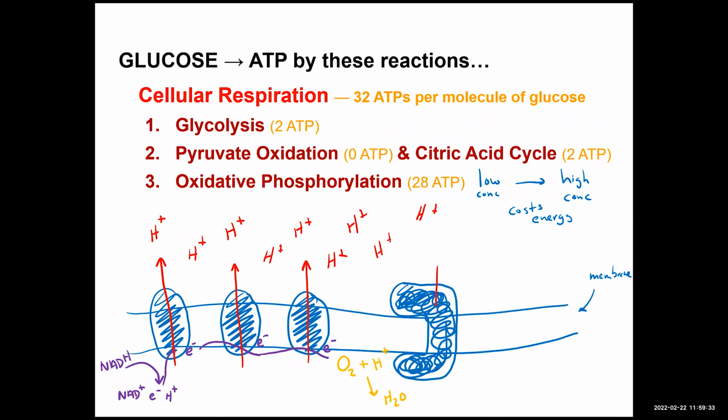So they will move back through ATP synthase by facilitated diffusion. So this part over here, this is active transport. And this movement over here is going to be facilitated diffusion.